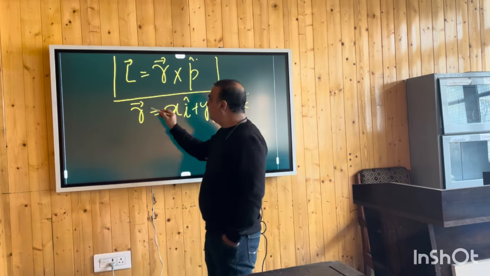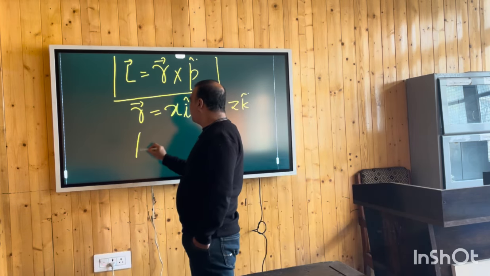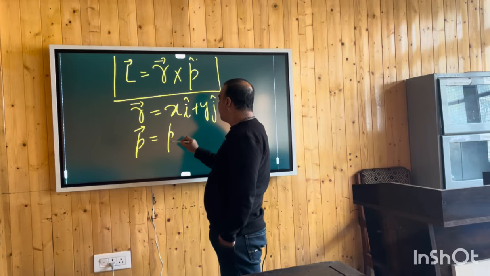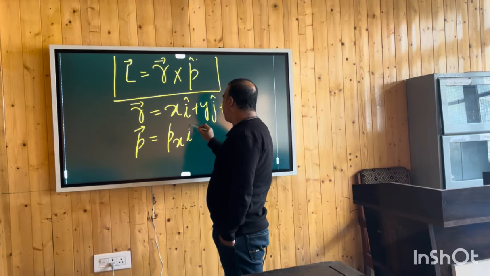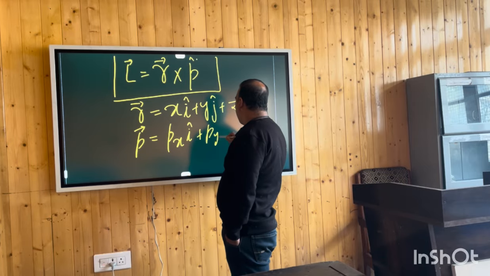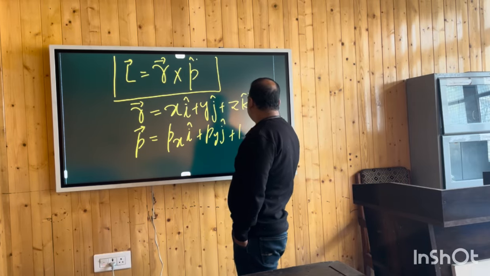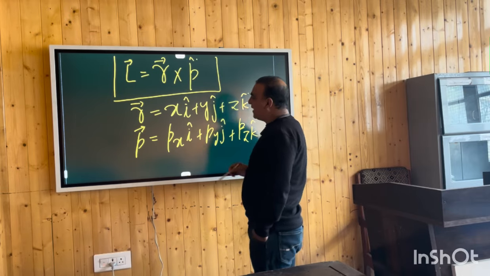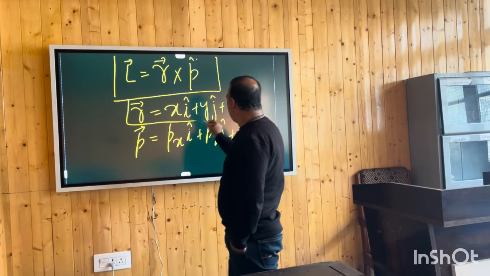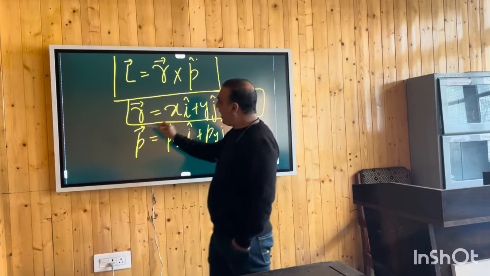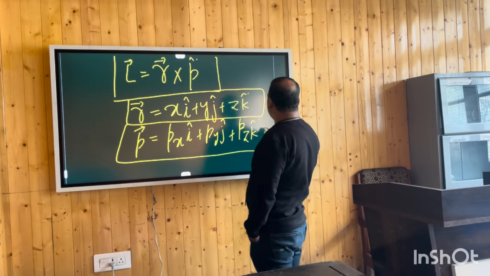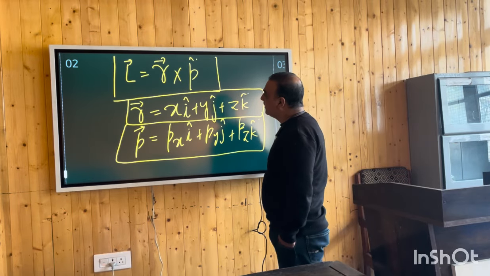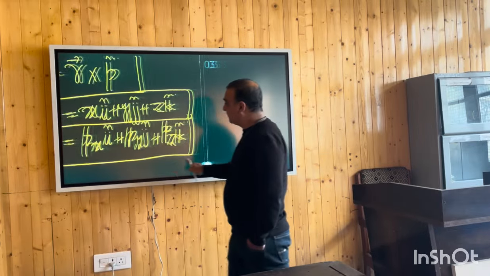And this will be my position vector r, and the linear momentum in terms of its components can be written as px i cap plus py j cap plus pz k cap. And as we understand from the basics of the cross product, if I have to take the cross product between these two physical quantities, I can use the determinant.